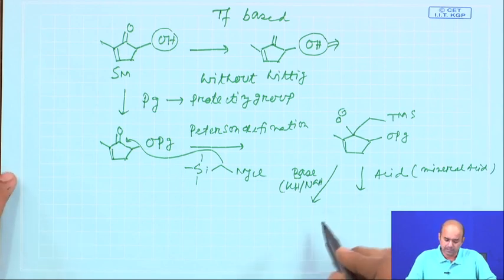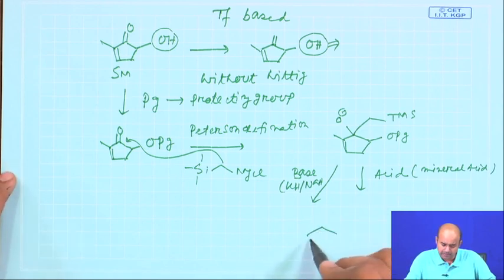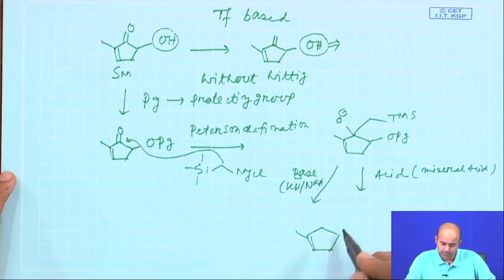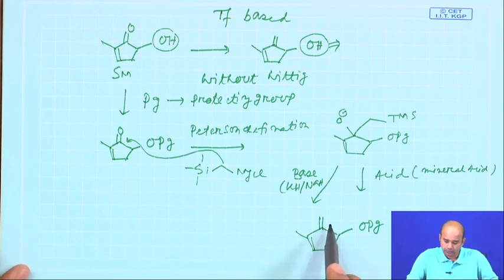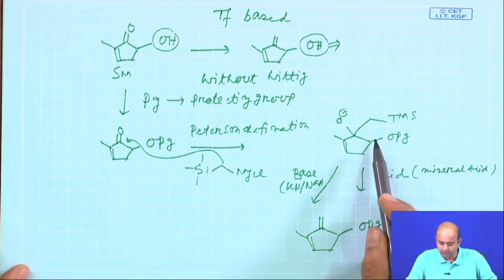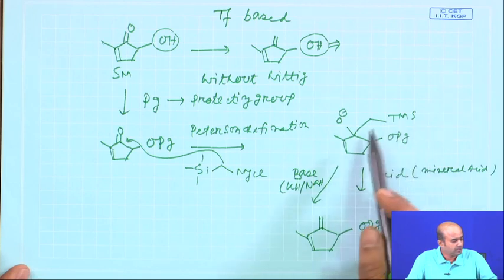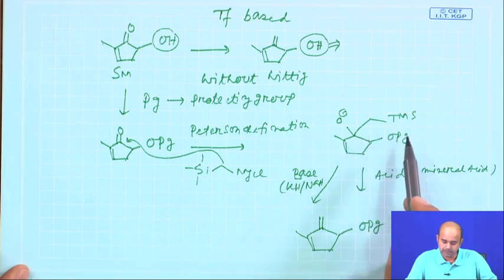As I said, the mechanism you need to find out in the literature, because if we focus more on the mechanism part here, then we will be losing track. Eventually, in the slides which I will be giving you as supplementary material, you will find the mechanism there. So, Peterson Olefination will basically give you this kind of simple elimination.